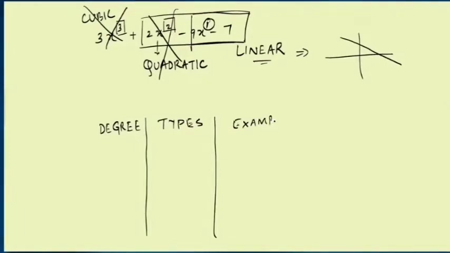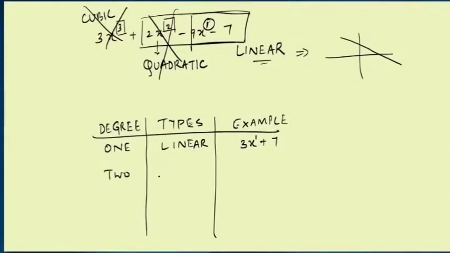Now we are preparing a table for that. So degree, types and examples. Degree 1 means it is a linear polynomial. An example for you is 3x plus 7. Now degree 2 is known as a quadratic polynomial, and any example you can take, 3x square plus 2x plus 7, where the highest degree is 2.